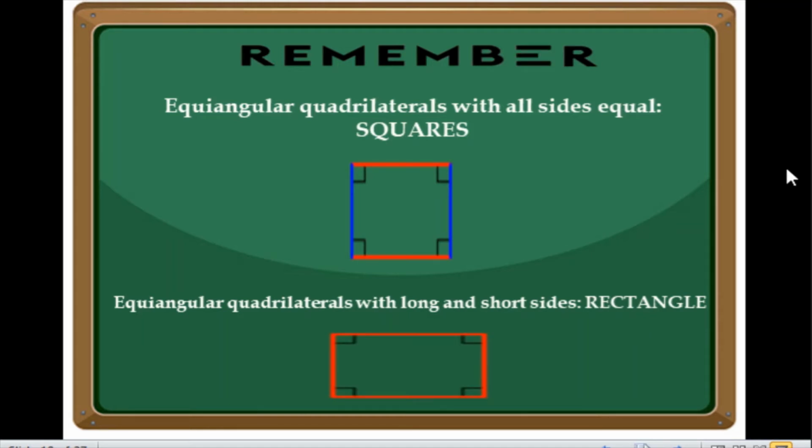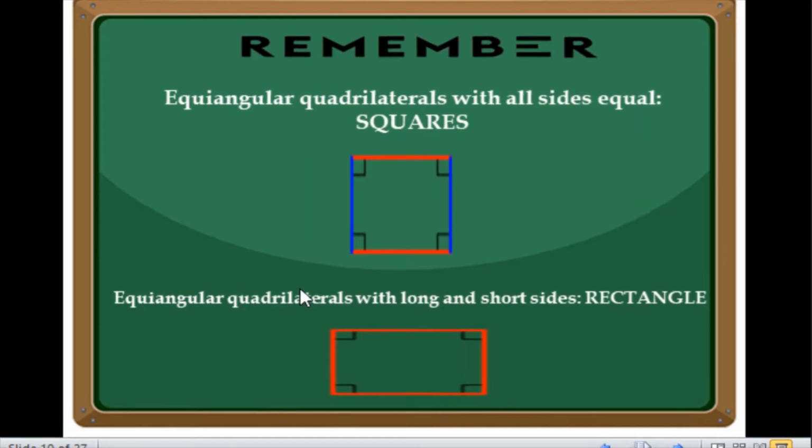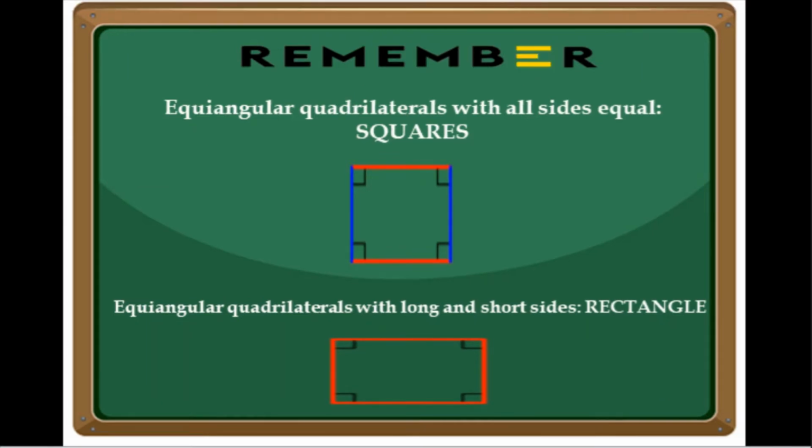Indeed, a rectangle has a long side and a short side, therefore giving us not equal sides. Everybody say again, rectangle.